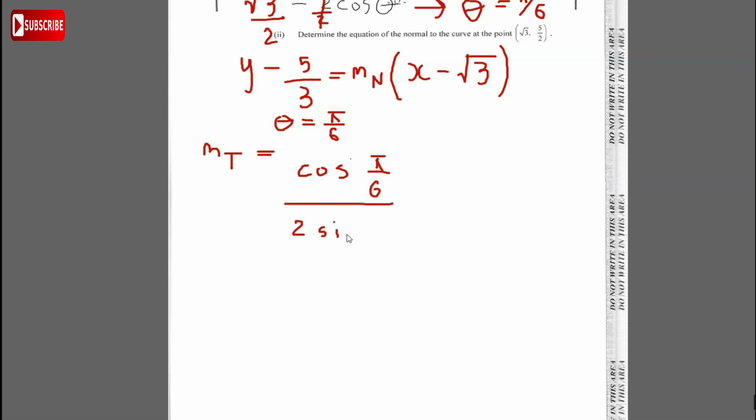That will give you the gradient of the tangent. So the cos of pi by 6, cos of 30, and we just found it. I don't know why I had to rewrite it, root 3 over 2.